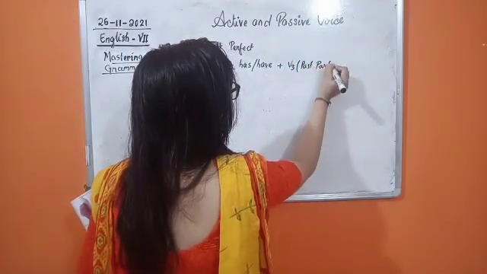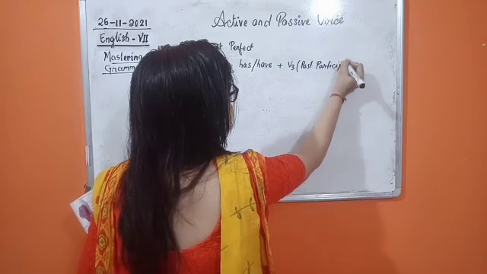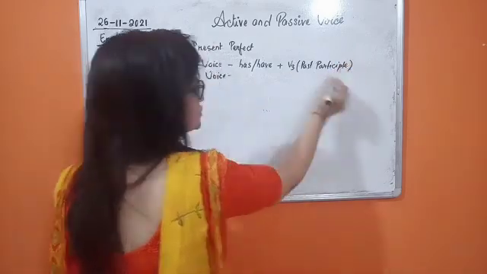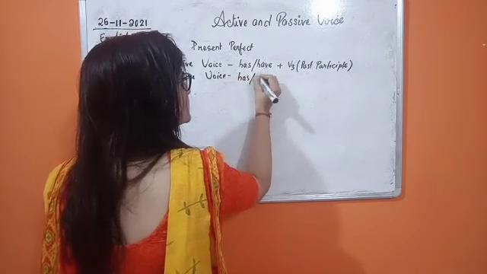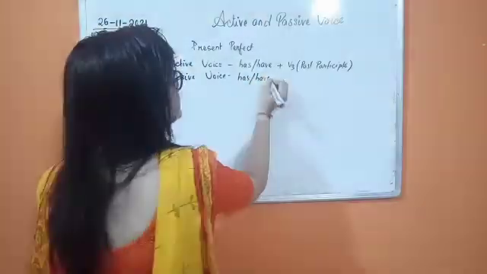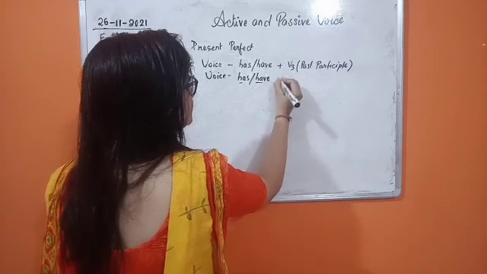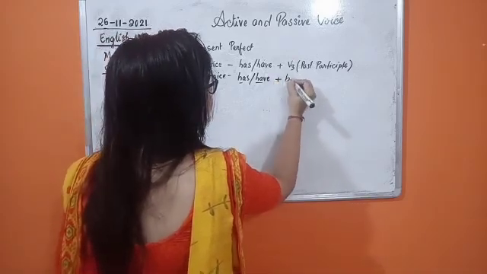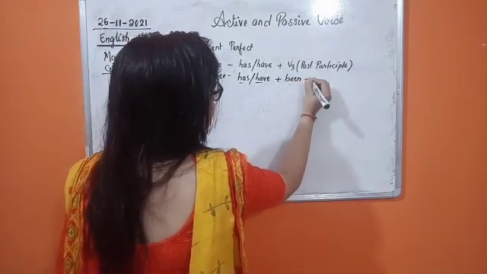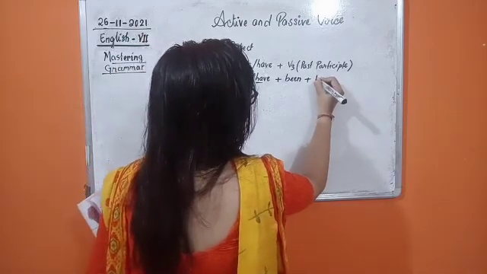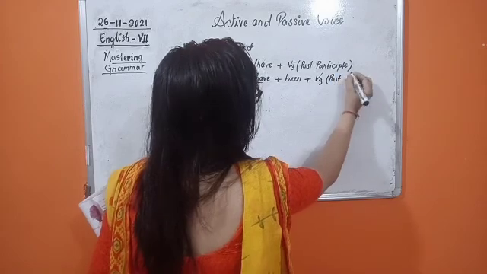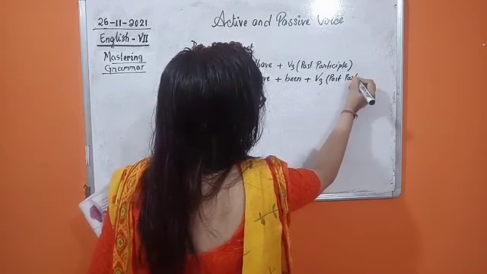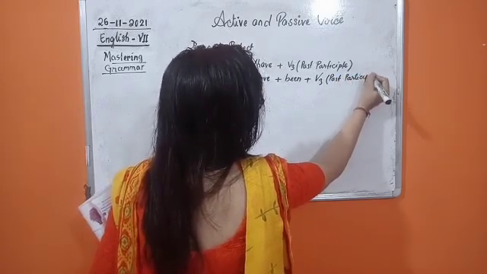Okay, if you see like this, then in the passive voice, if the active voice structure is like this, then you are going to use has or have according to the subject. If the subject is singular, has. If the subject is plural, have. Then you have to insert been between it. Okay, between this past participle form and have or has. Okay, children, so this will be your change that you are going to do.